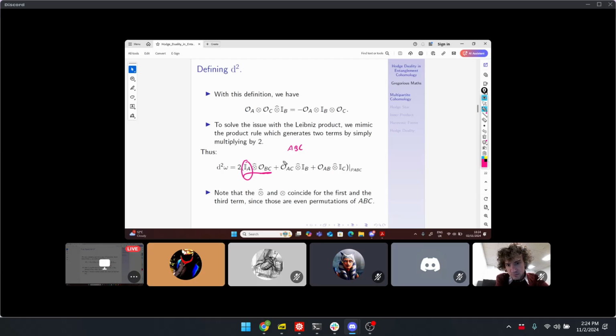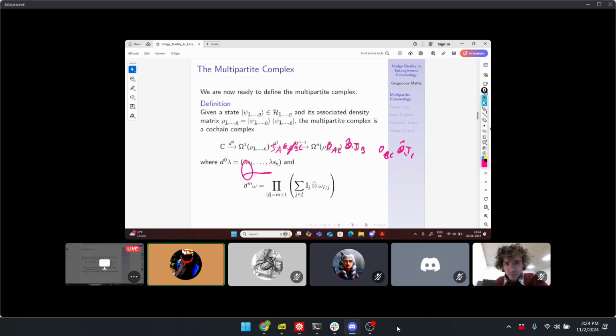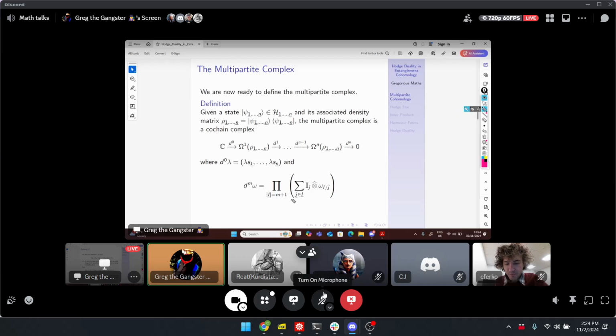So the first thing we could do is take out A and replace it by the identity. Then we can take out B and replace that by the identity. And then we can take out C and replace that by the identity. And with the appropriate shuffling as well. And that's exactly what this sum here is representing.